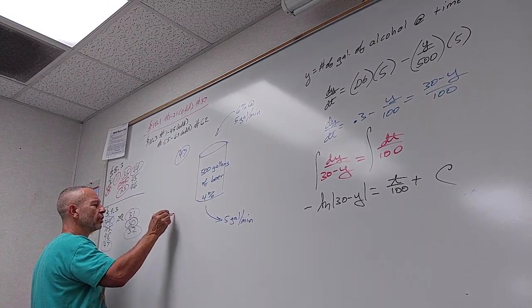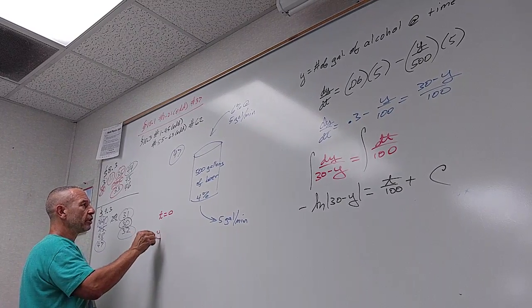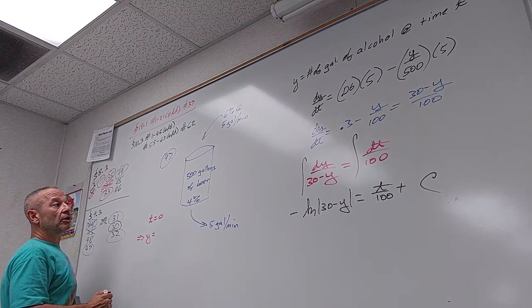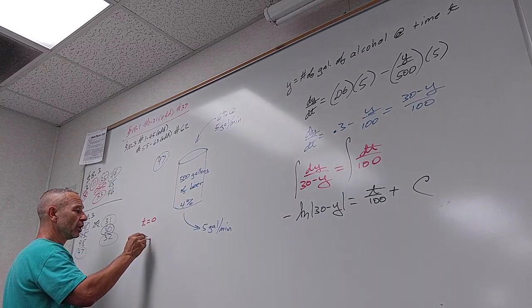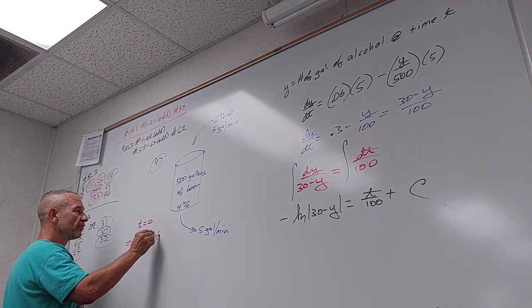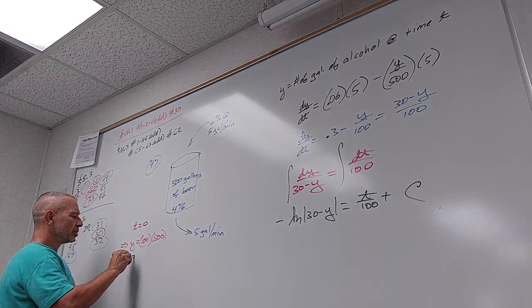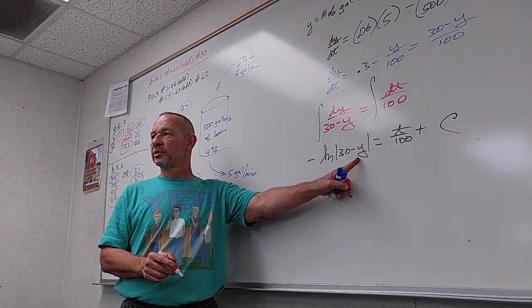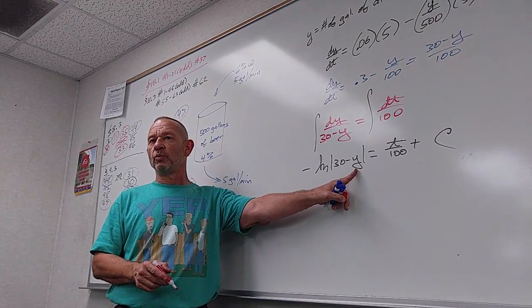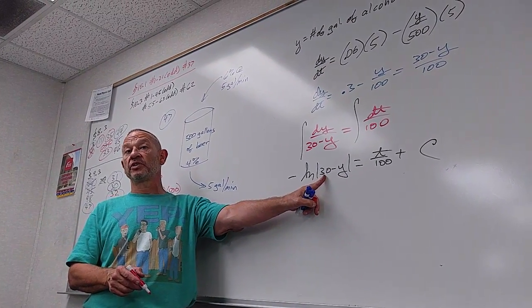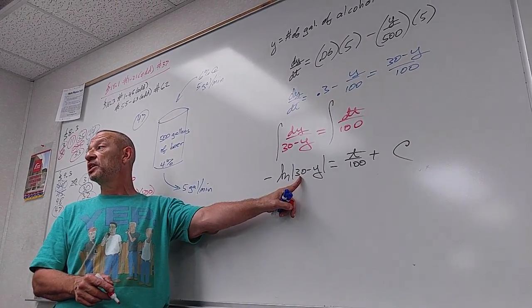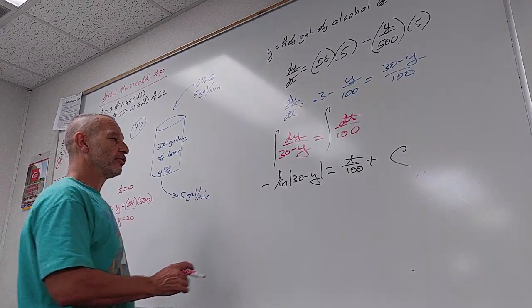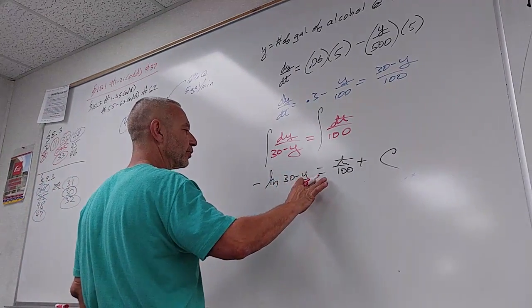When t is 0, then y is equal to 0.04 times 500, which is 20. So it's positive, right? We start out at a small amount of y, and y gets bigger and bigger. It'll never get to 30. That's what you get if t is infinite. So I can just ignore the absolute values.